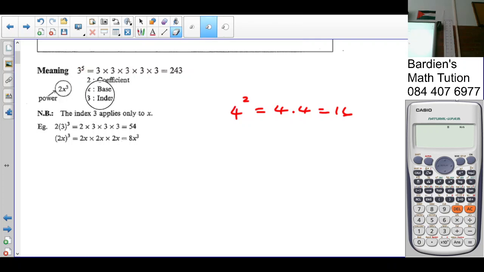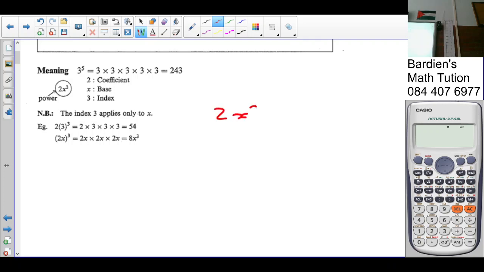Then, also in grade 8, we spoke extensively about coefficients, bases, indices or exponents. So if you've got 2x cubed as given there, this is your coefficient. As you can see, it's the number in front. If there was negative 2x cubed, then what is the coefficient there? Negative 2. Why?